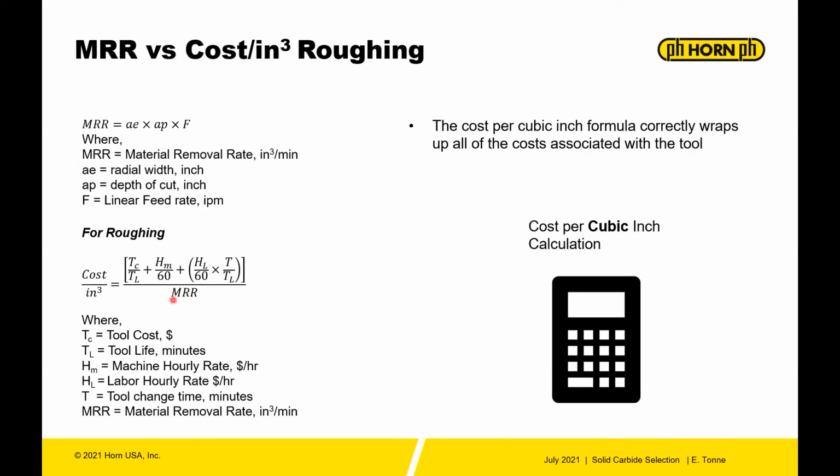And likewise, if you have a light MRR, but in the top half here, you're not investing a lot of time changing out tools, you also have a good cost per cubic inch. So I think it's a good way to compare and calculate the financial efficiency of a tooling system.